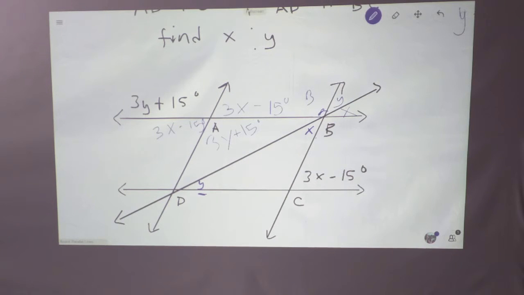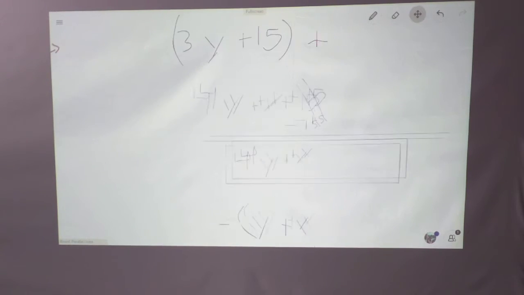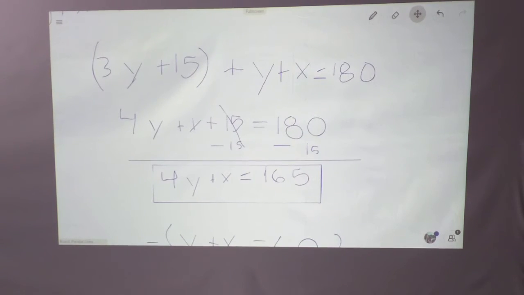So that would be 3y plus 15 degrees using parallel lines again. Now we can make an equation. So I already made one here. 3y plus 15 plus y plus x equals 180, since those two are adjacent.